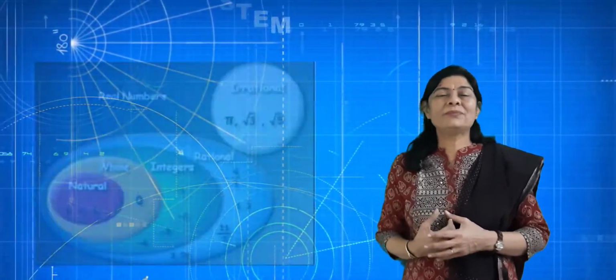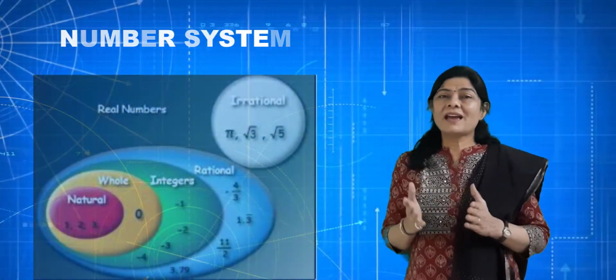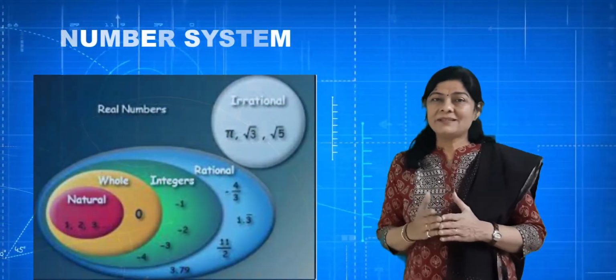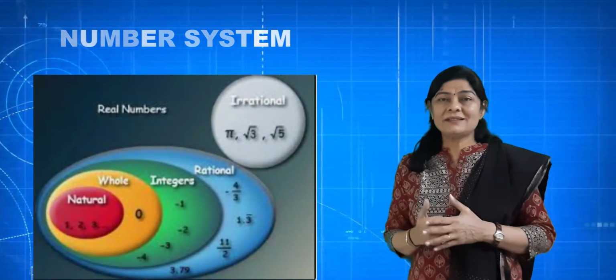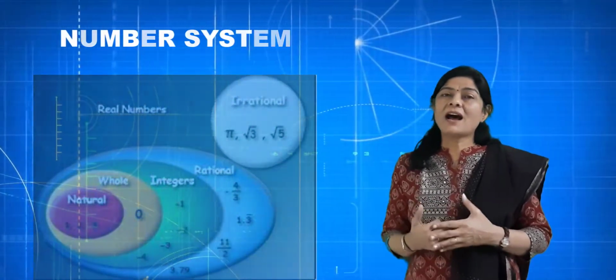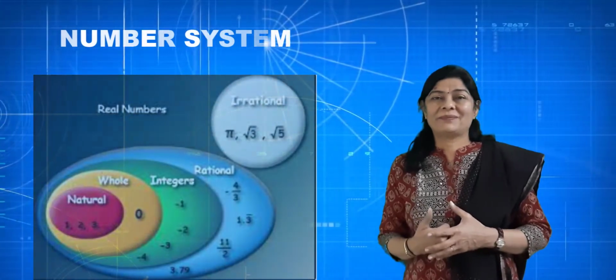In previous standard, you have already studied about number system: N, the set of natural numbers, Z, the set of integers, Q, the set of rational numbers, and R, the set of real numbers.